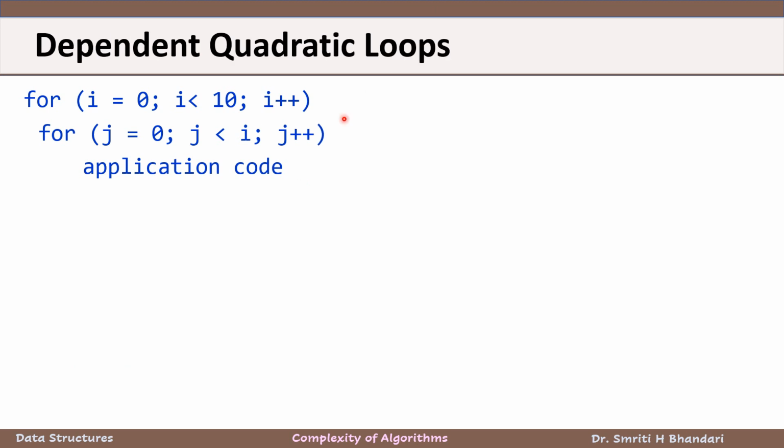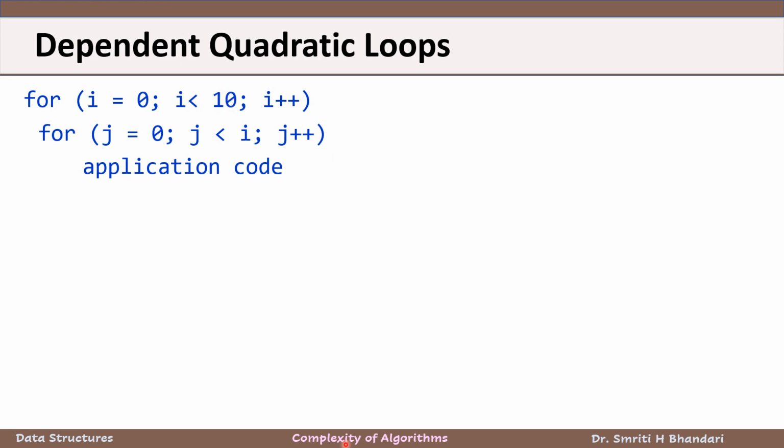Now let's talk about dependent quadratic loops. See here, the outer loop is linear, n is 10, and the inner loop depends upon the outer loop. So j varies from 0 to less than i, where i is the running variable of the outer loop.